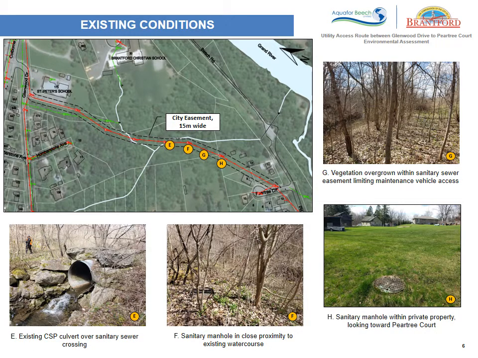Photos E, F, G, and H further present the existing conditions along the length of the study area, including an existing CSP culvert crossing, the dense vegetation as noted, which is currently limiting access to the buried infrastructure, and then at the downstream limit towards Peartree Court, we see that the infrastructure extends through private properties with more maintained grasses.